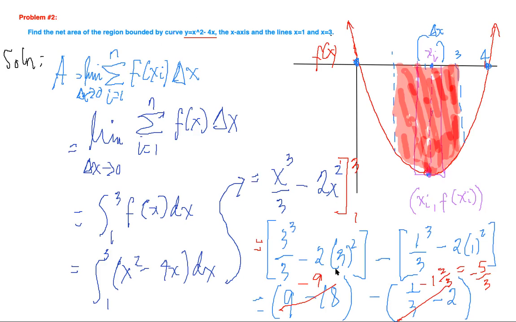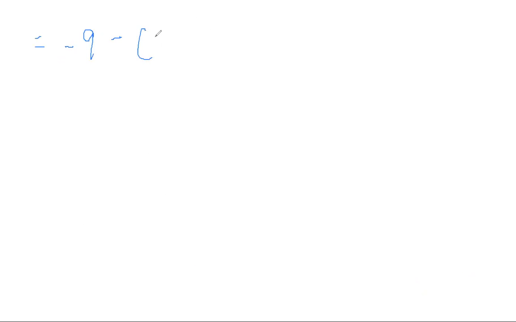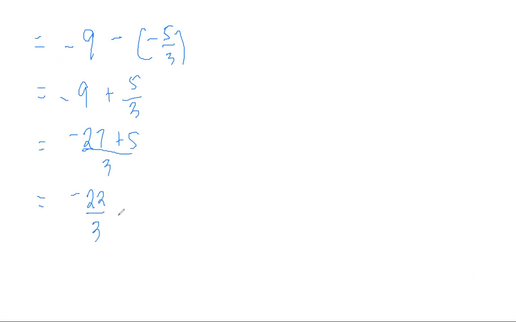Going back, that's negative 9 minus negative 5/3. Let's simplify: negative 9 plus 5/3, which is negative 27 plus 5 over 3, equal to negative 22 over 3. So negative 22 over 3 is our net area.